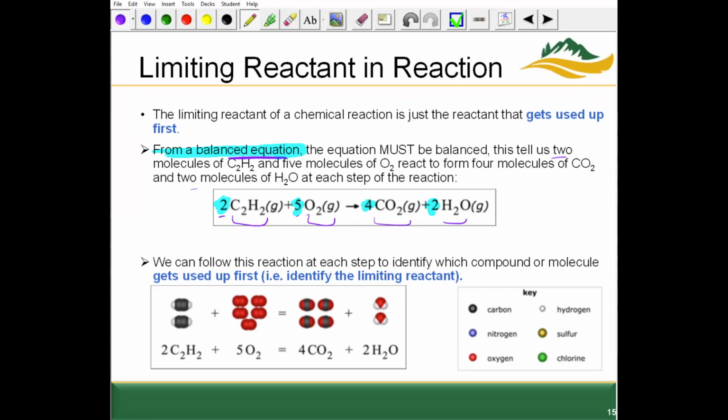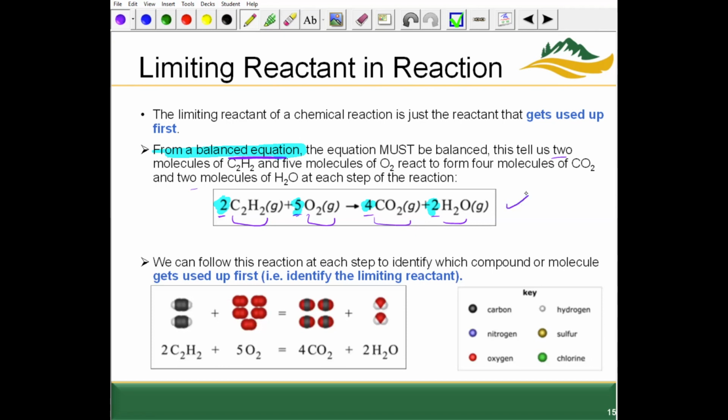So these molar coefficients also help us relate how many molecules of C2H2 and how many molecules of O2 can produce how many molecules of CO2 and how many molecules of water.